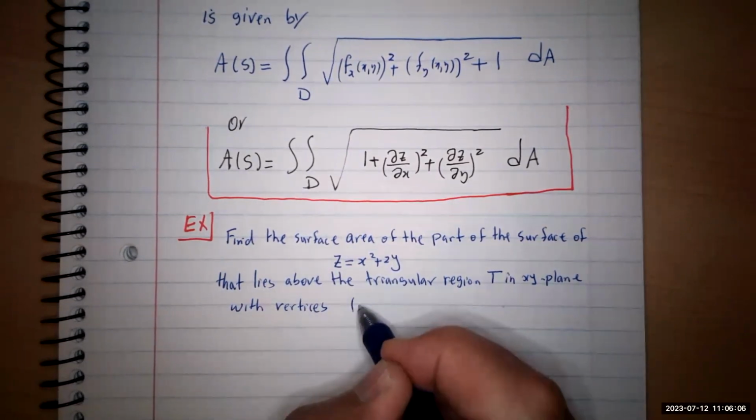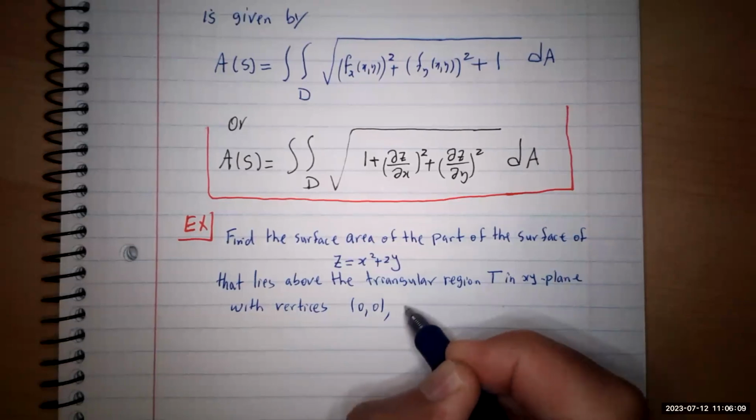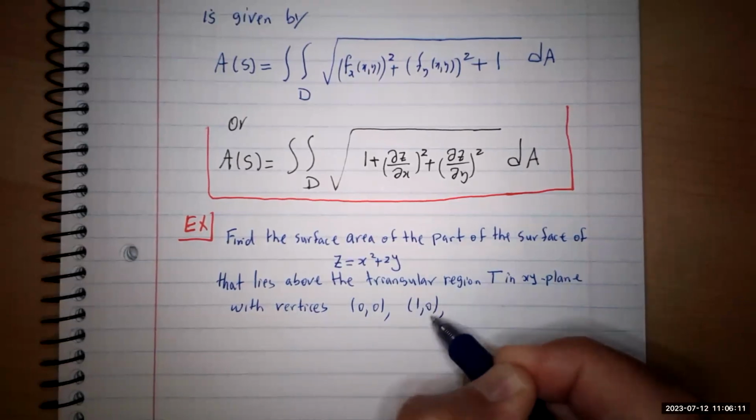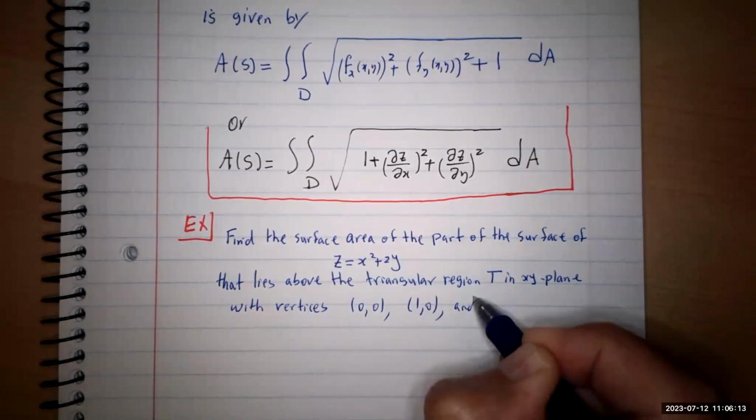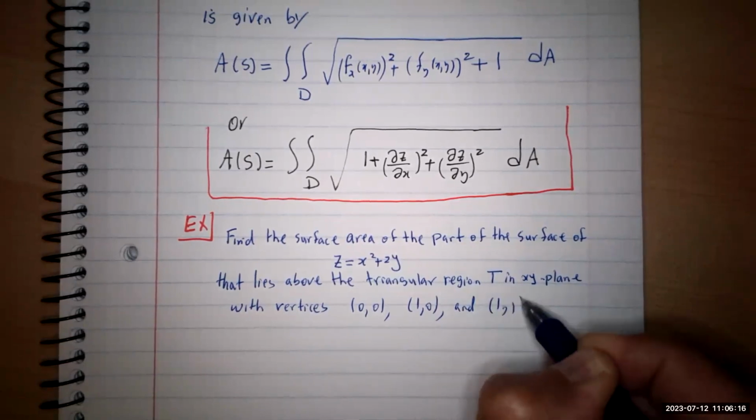The vertices are (0, 0), (1, 0), and (1, 1). This is where you want to integrate.